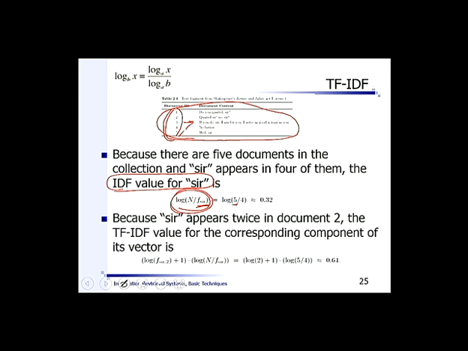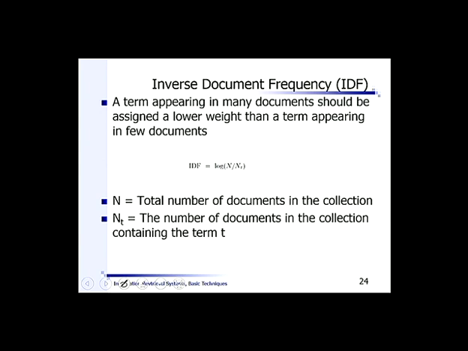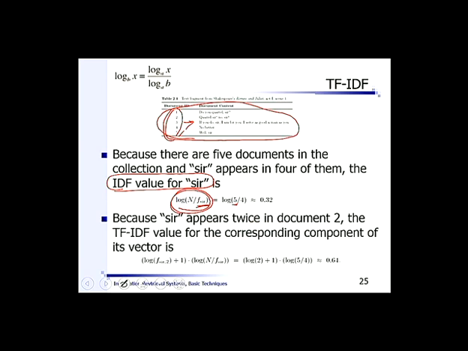Actually it is not the total frequency, it is only the number of documents in which the term appears. So here frequency means we are talking about doc ID index, if I take you back to the previous slide. NT is the number of documents in the collection containing the term T. So in this document, sir appears 2 times, but we will count it only once. We will just count the number of documents which contain the term sir.